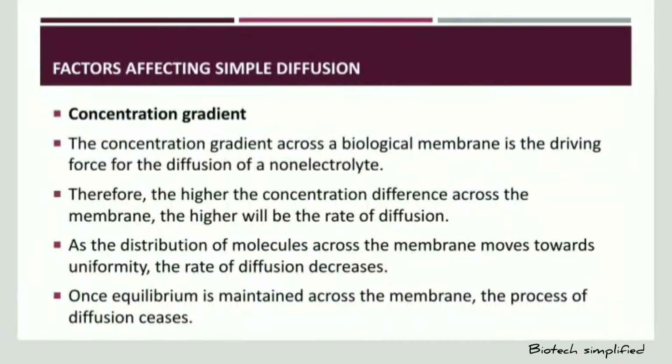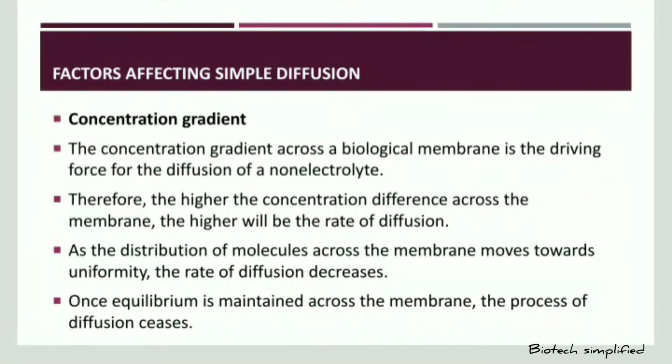Now let us discuss the factors affecting simple diffusion. The first factor is the concentration gradient. When a concentration difference occurs between two systems, that is, in one system the concentration is high and in the other system the concentration is low, the molecules start to diffuse.